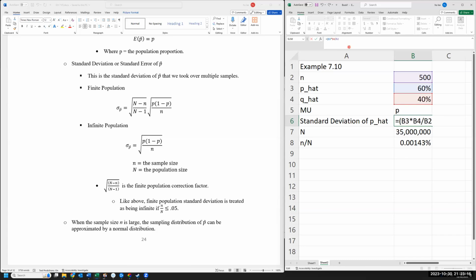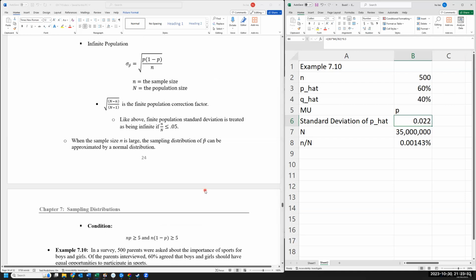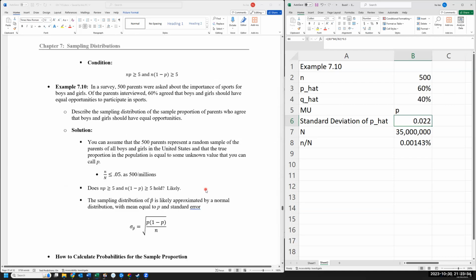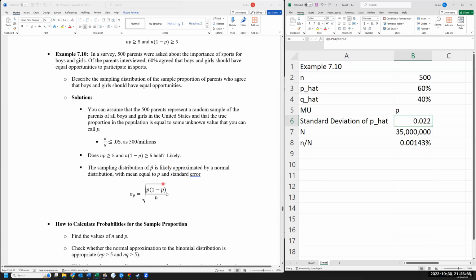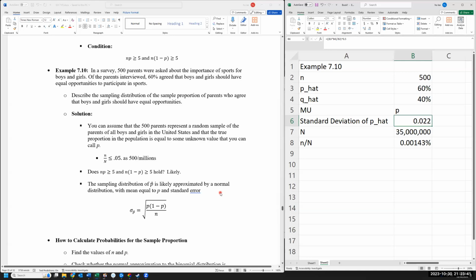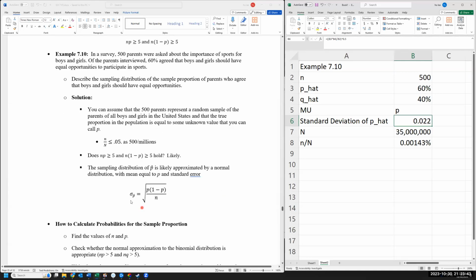Okay. Let's do that first. I know I'm using p hat for now, but I just want to populate this first before we go down and read the question some more. So for the sampling distribution, we would have to use this formula here, just like above.